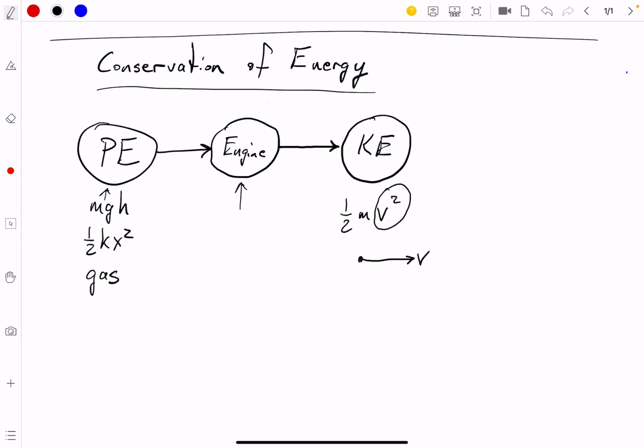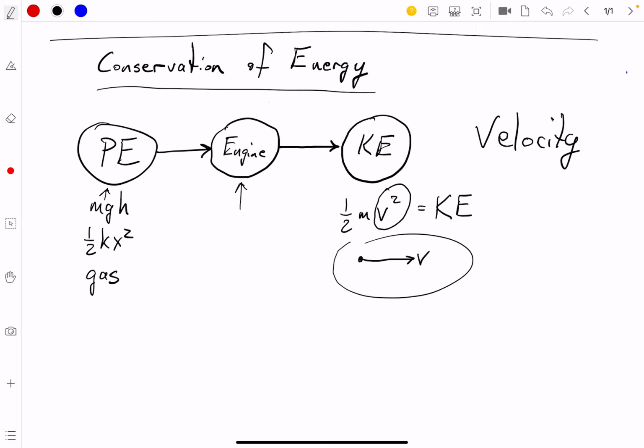Okay, we've got some engine, we had potential energy, and now we have 1/2 mv squared, which is our kinetic energy. So we get velocity out of it, right? Velocity out of our engine.